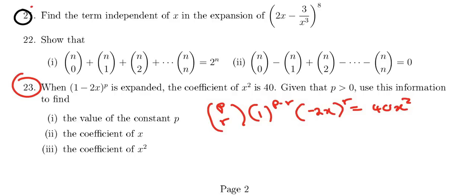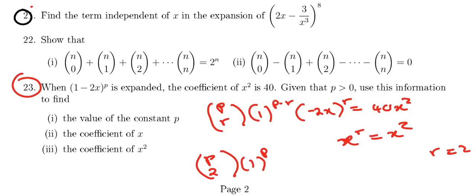So first and foremost, according to this, x to the power r is equal to x to the power 2, meaning r is equal to 2. So if I put p choose 2, and this is 1 to the power p minus 2, and negative 2x to the power 2, this should give us 40x squared. That's what they mean.